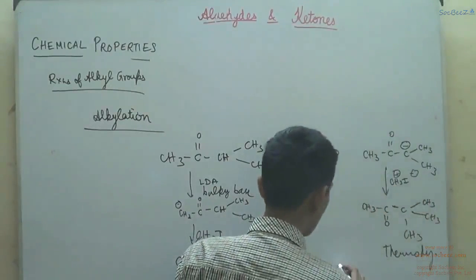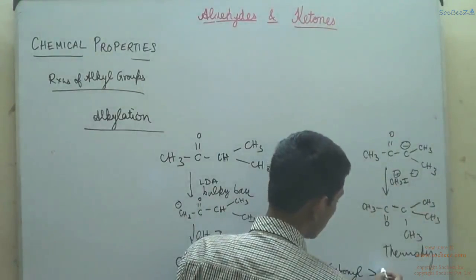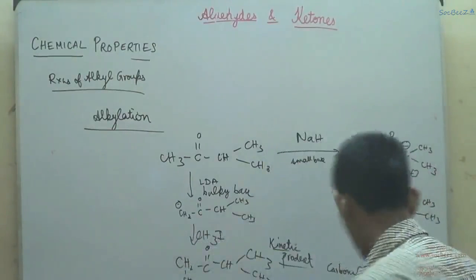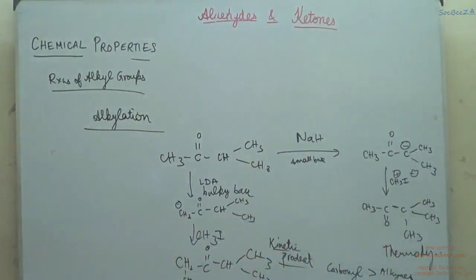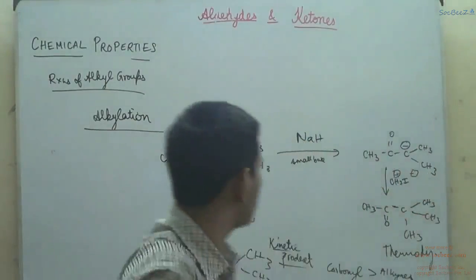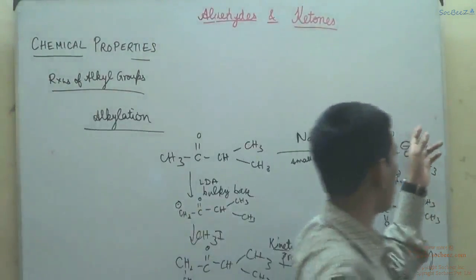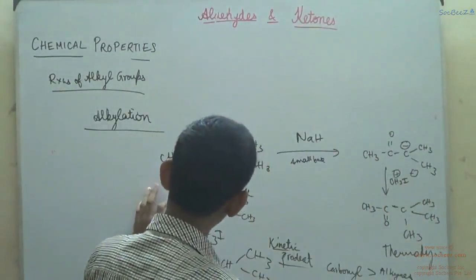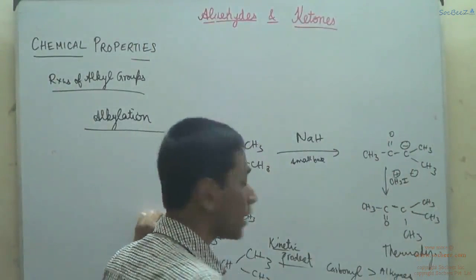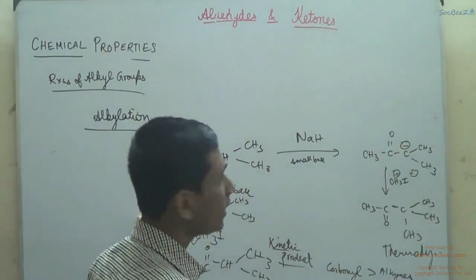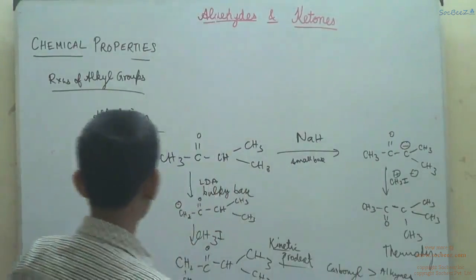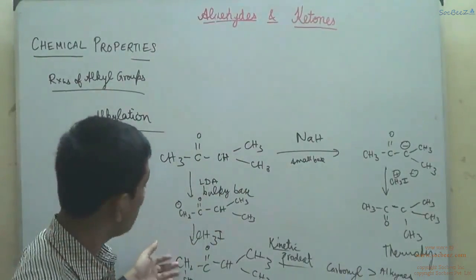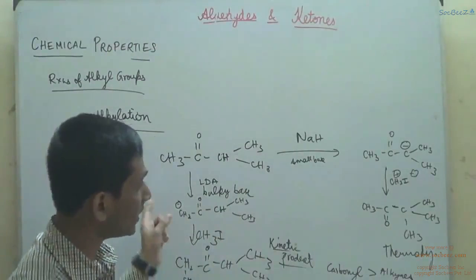Now you should remember that carbonyl compounds always react better than alkynes in the case of this acidic hydrogen removal, alkylation, or basically the acidity of this alpha hydrogen. So the acidity of this alpha hydrogen is better compared to this. In fact this alpha hydrogen acidity is better because this carbanion, I am making it more clear, this carbanion is more stable, and quickly forms product, but the product as such that is more stable than this.